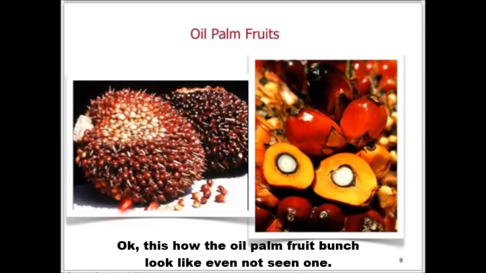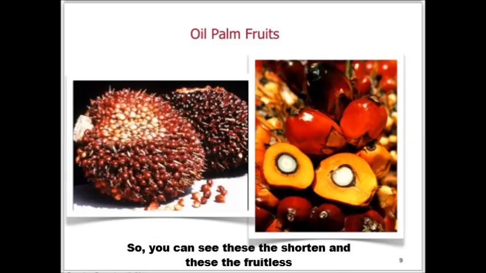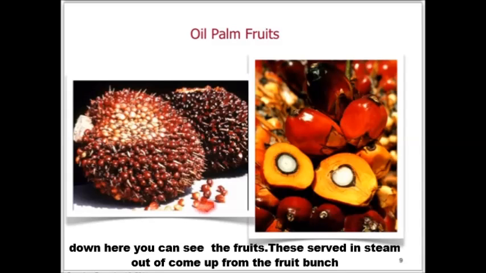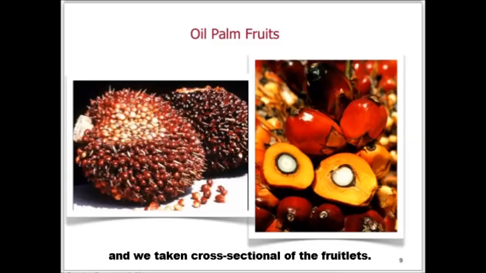Okay, this is how the oil palm fruit bunch looks like if you have not seen one. So you can see there's a sharp thorn there, and these are the fruitlets. Down here you can see the fruitlets stripped out or come out from the fruit bunch. And if we take a cross section of the fruitlets, you can see this mesocarp or the flesh area.